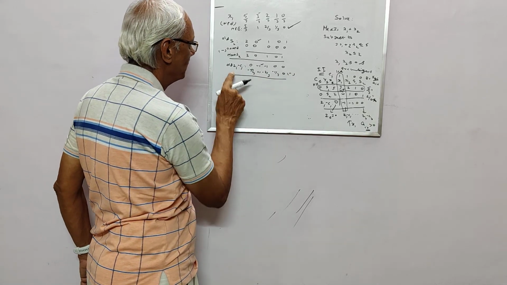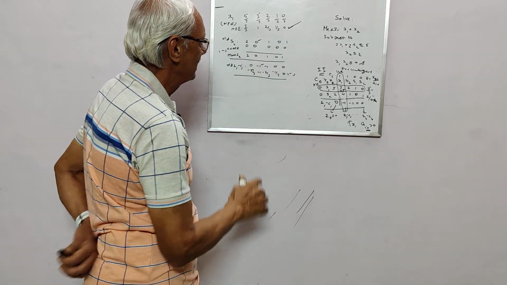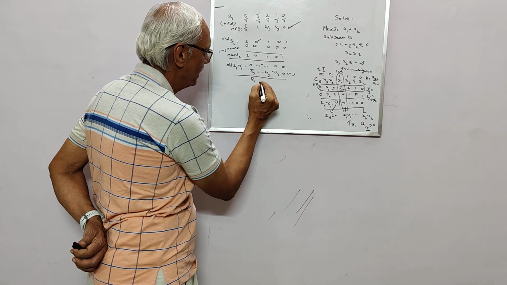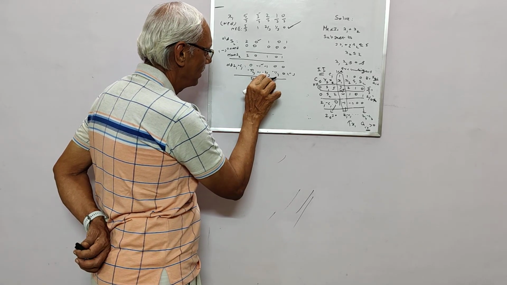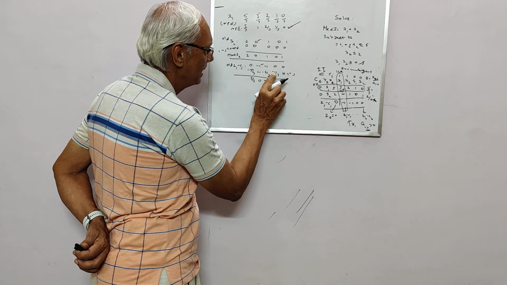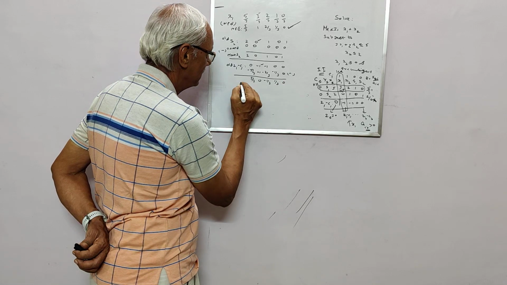Then subtract. So this will be 5 by 3. This will become plus 0. This will become plus, and this is minus 1 by 3, and this minus 1 by 3 will become plus 1 by 3.